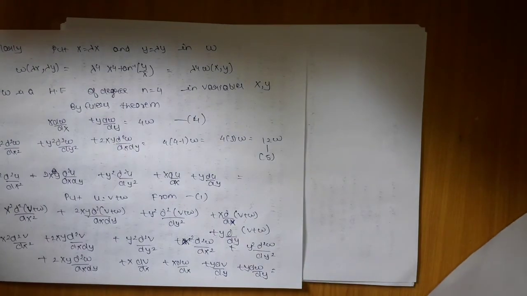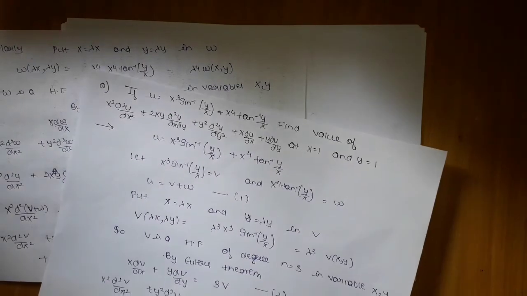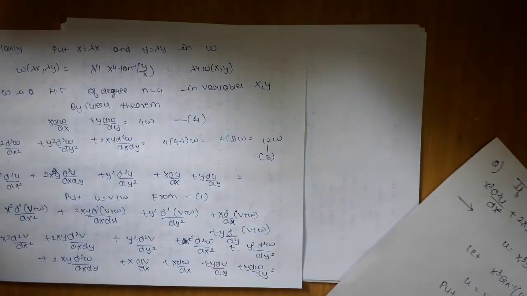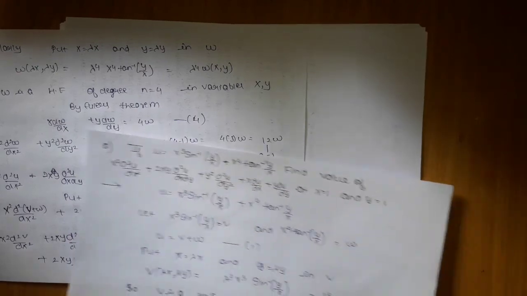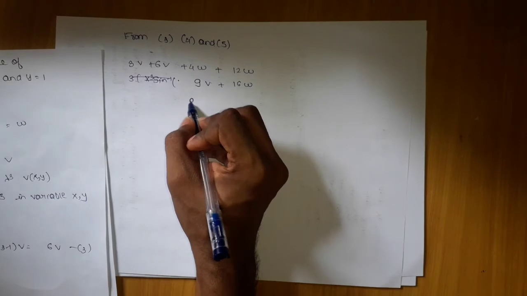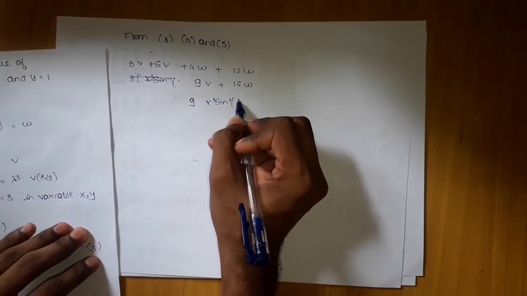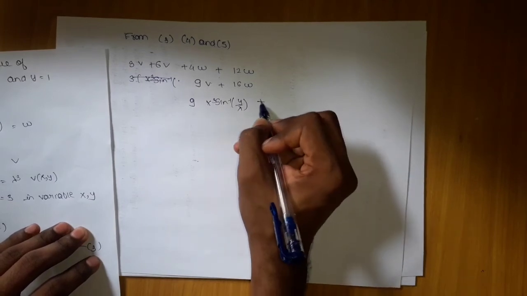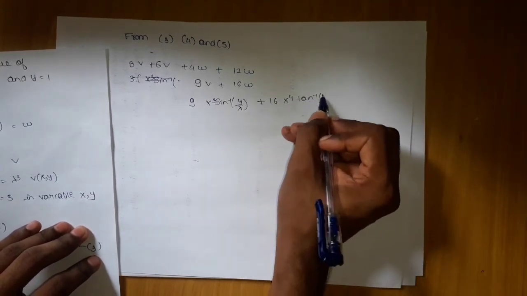Here it is n into n minus 1, n equals to 4, 3 was there, so 3 into 4 is 12, and this is n, which is 4. Okay, so we are having here 16. So I am going to substitute v, which is x³ sin⁻¹(y/x), and w, which is 16 x⁴ tan⁻¹(y/x).